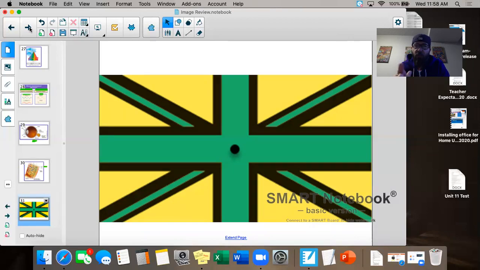Green is going to turn to blue, black to white, and yellow to, wait, green to red. Sorry, I have color issues. Green's going to go to red, the black is going to go to white, and the yellow goes to blue. So it's going to look like a Union flag, or if you're at sea, you call it a Union Jack. Otherwise, it's just the Union flag of the United Kingdom.